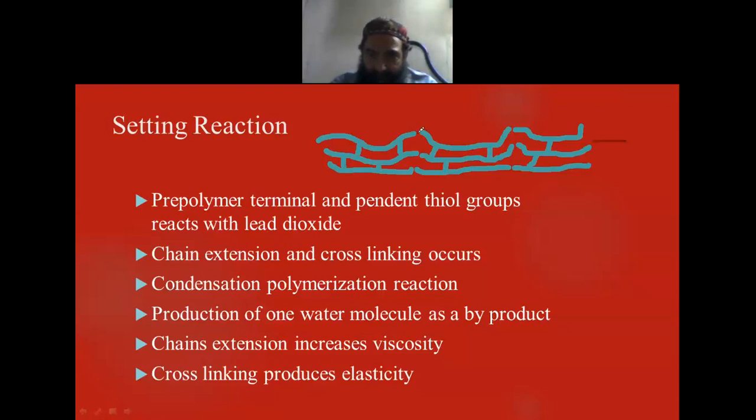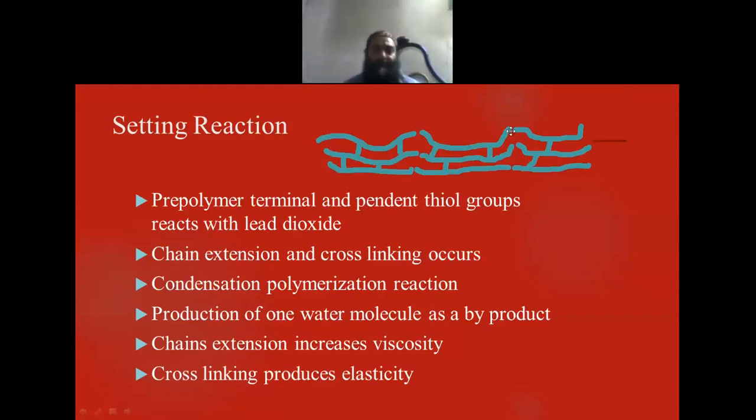There's no space in between, they are all linked up together. So chain extension and cross linking occur through a condensation polymerization reaction, which will be discussed in another chapter, and obviously you have somewhat of an idea about condensation polymerization reactions.